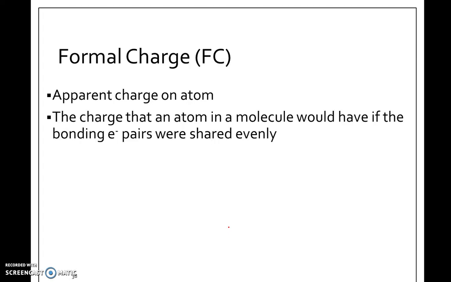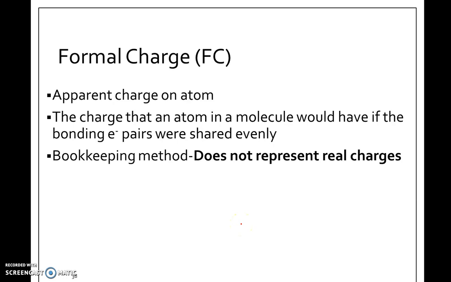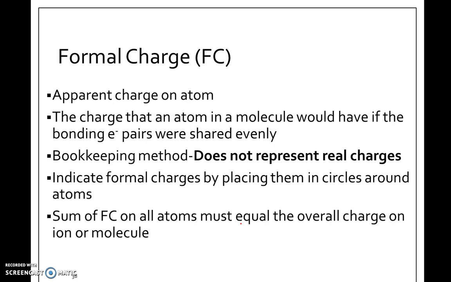This is the charge an atom would have in a molecule if the bonding electron pairs were shared evenly. This is a bookkeeping method. Again, I'm repeating myself, but it does not represent real charges. And the sum of the formal charges on the atoms must equal the overall charge on the ion or molecule. And we'll go over calculations in the next video.